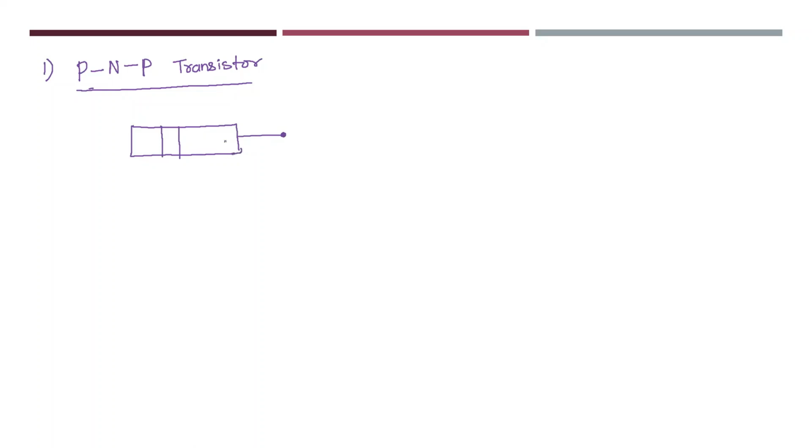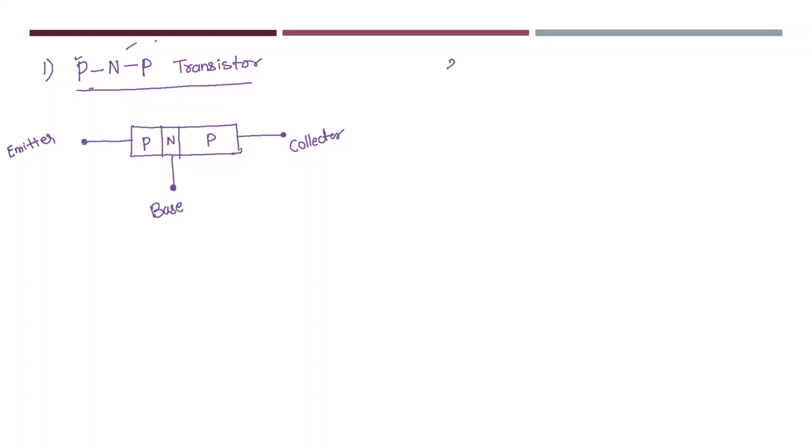Transistors will have three terminals. This terminal is called the emitter terminal, this terminal is called the base terminal, and this terminal is called the collector terminal. Here this is P, this is N, and this is P.